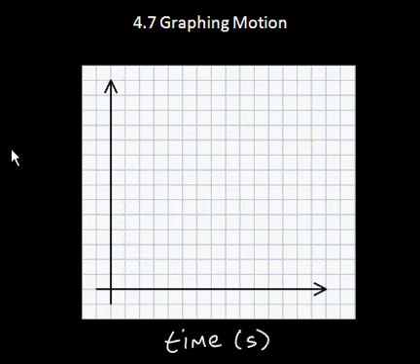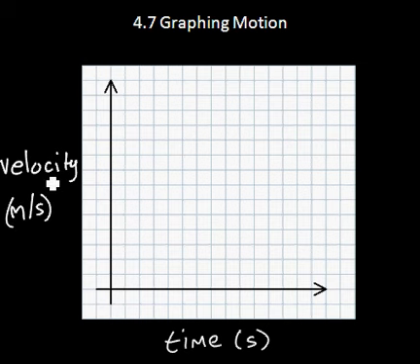The other thing you will often see on the vertical axis instead of position is velocity, and that has units of meters per second. And that gives us some different information.